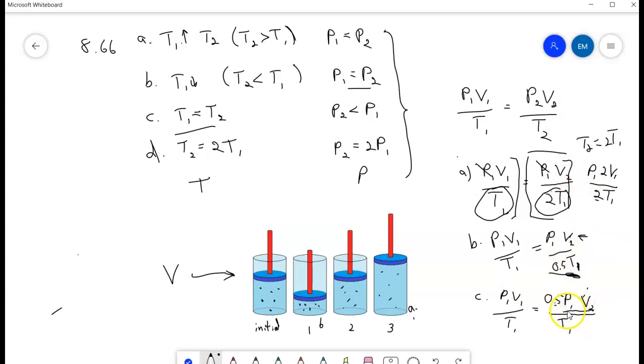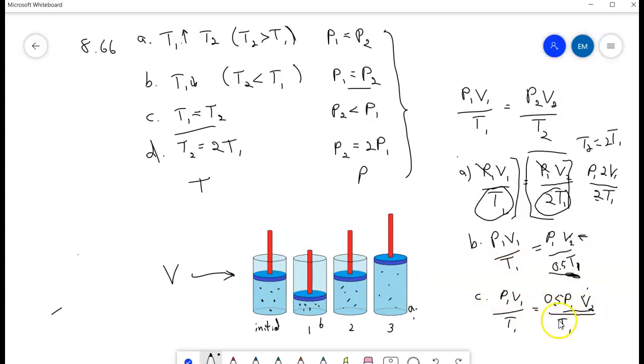We're doing the same thing here. So the volume is going to have to change in order to keep this product, 0.5 P1 times V2 divided by T1, equal to P1 V1 over T1.